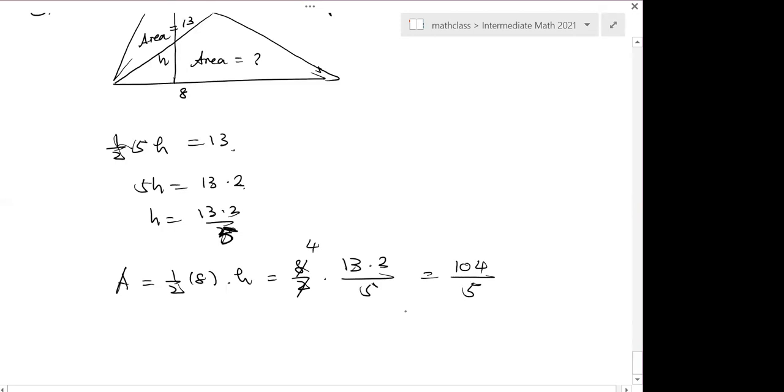Yes, it's 20.8. I'm pretty sure. Okay, it is 20.8.